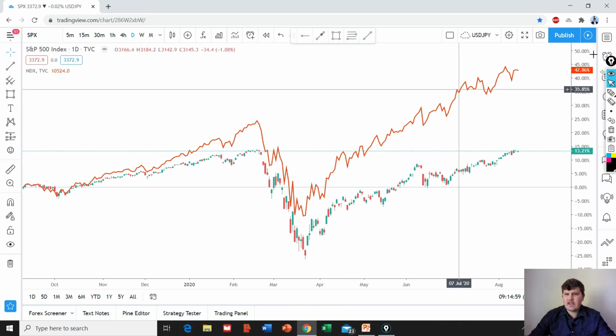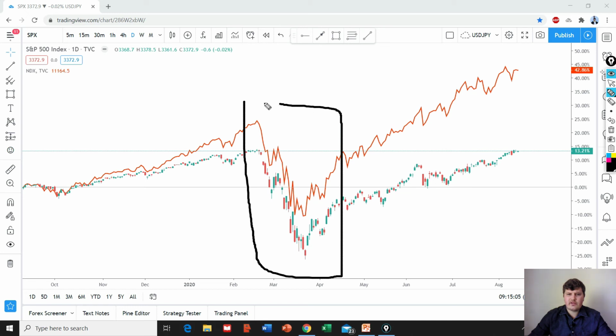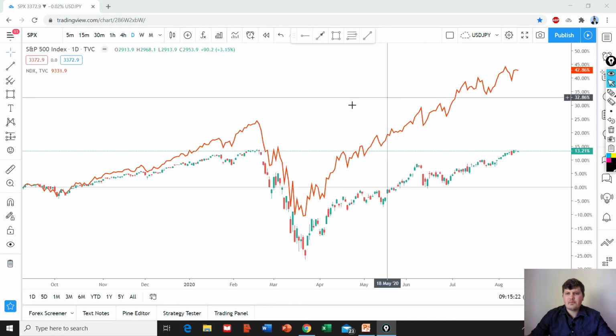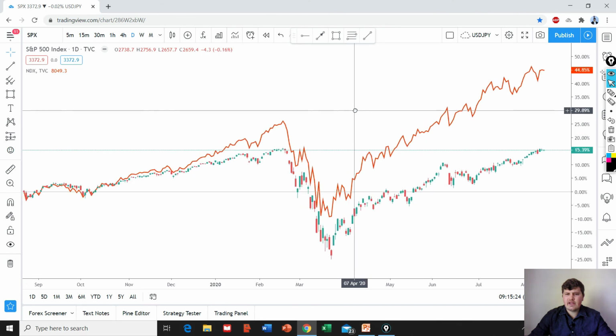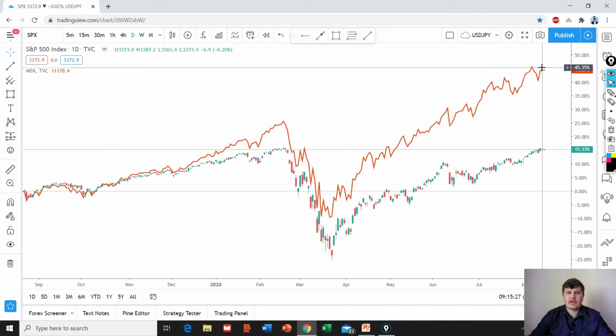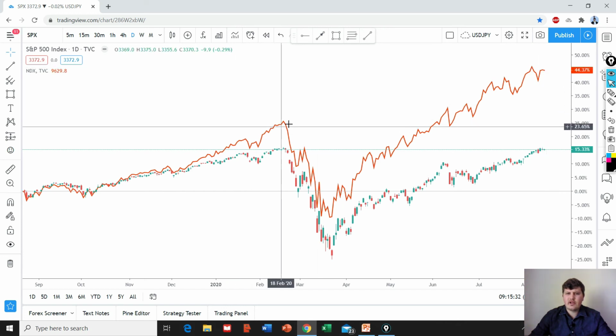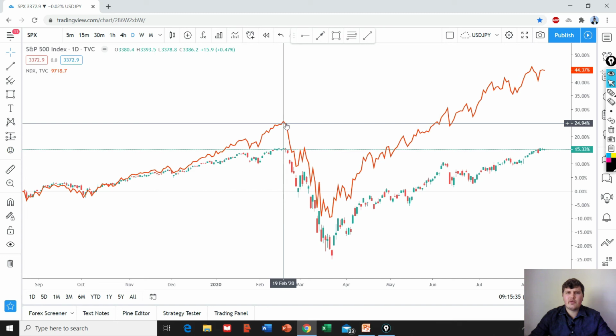And as you can see, the NASDAQ followed a similar route after the announcement of the pandemic. There was a big decline in the NASDAQ, just like what happened with the S&P 500, and where the Federal Reserve stepped in, the NASDAQ also recovered, and it's now even past its previous highs of the year. So they also saved the NASDAQ completely, and you would have even gained a lot of value to your portfolio from the previous highs of around 19 February.